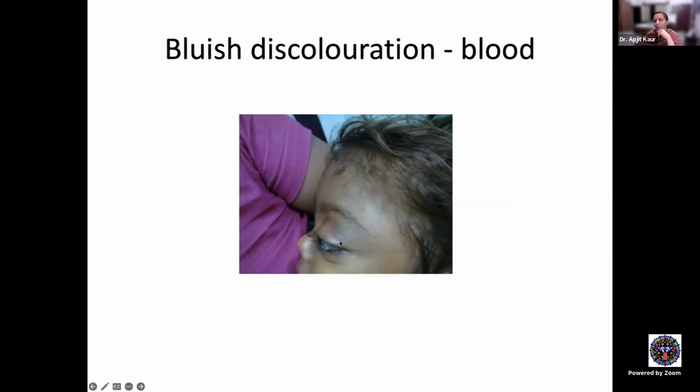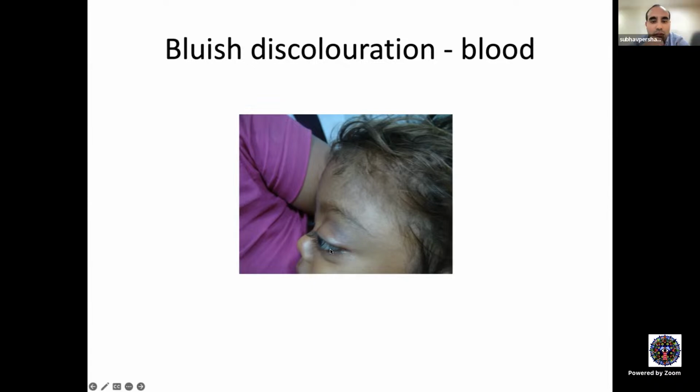A child who has proptosis. She had fever, developed this proptosis and this bluish hue here. What is the diagnosis? Maybe a veno-lymphatic malformation. Yes. Why not an orbital cellulitis? She had associated fever. Why does one not think of orbital cellulitis here?